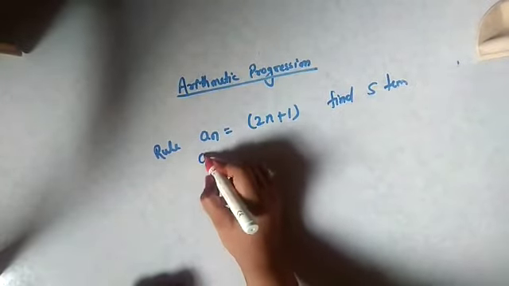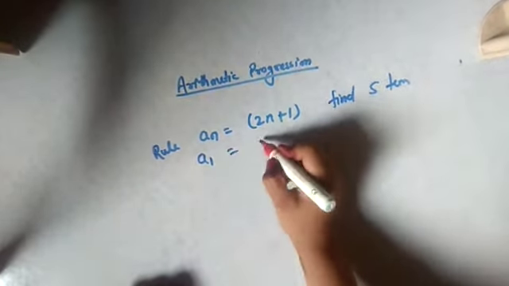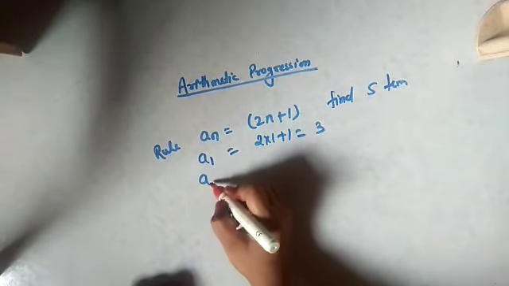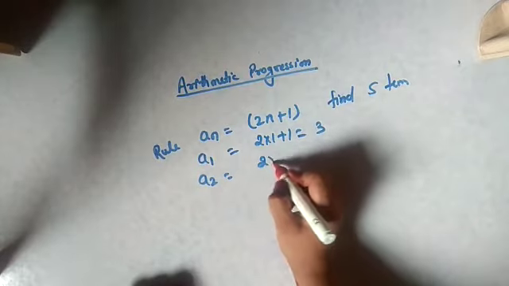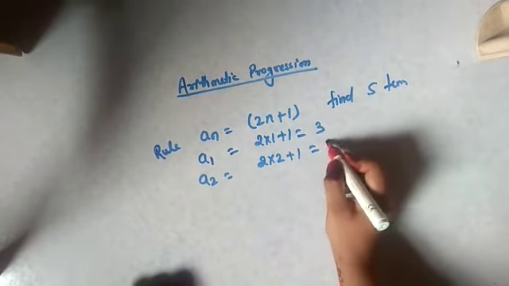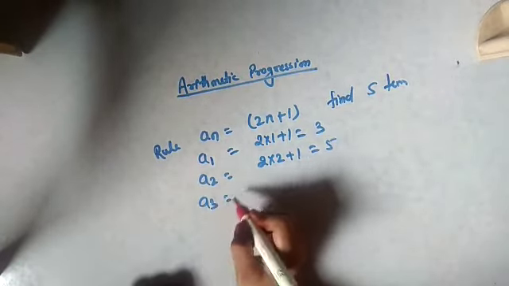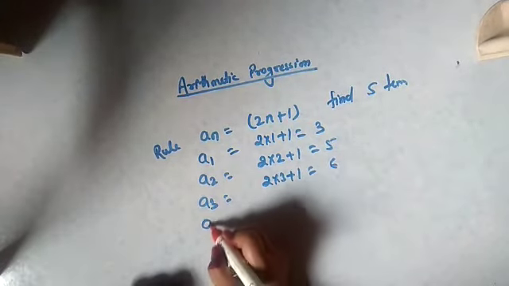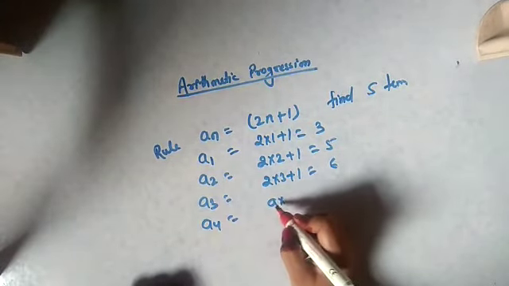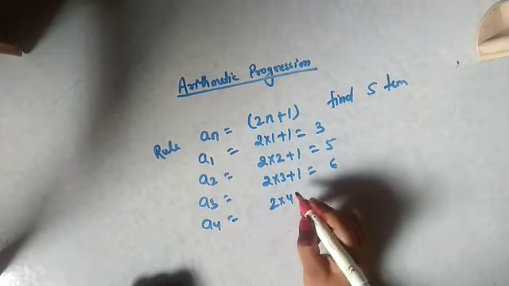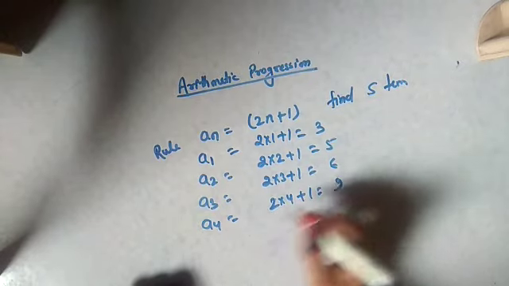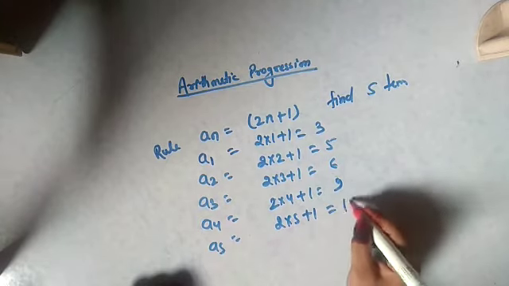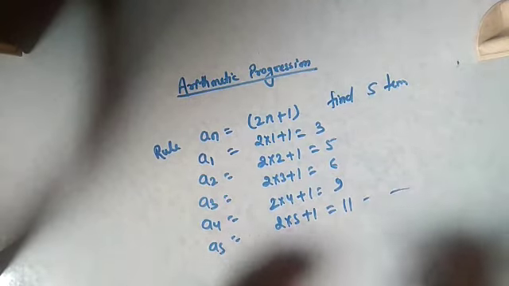The first term, we have to find a1. So 2 into 1 plus 1, that is 3. Then second term is a2, that is 2 into 2 plus 1, 5. Third term is a3, 2 into 3 plus 1, 7. And fourth term is 2 into 4 plus 1, that is 9. And fifth term is 2 into 5 plus 1, that is 11.